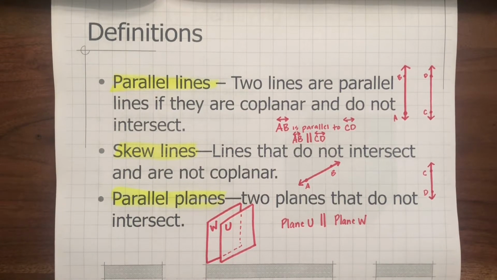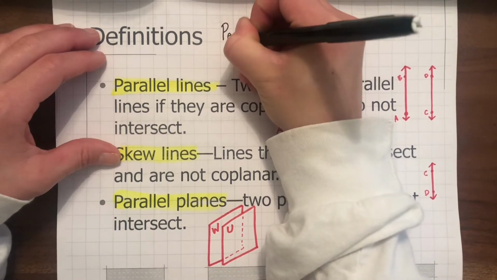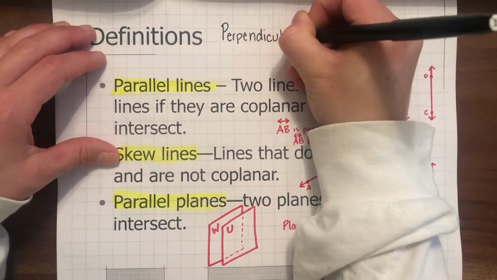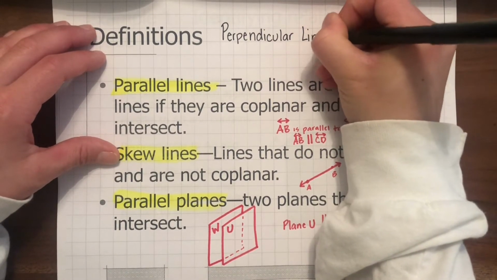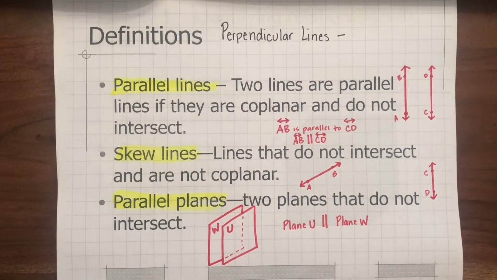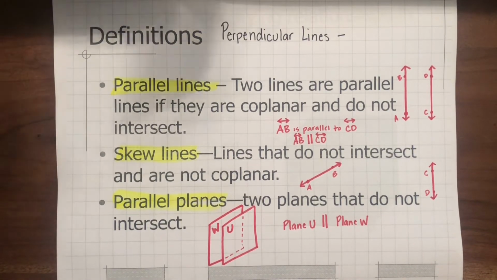And there's one more word I want us to discuss because we didn't really get a chance to do it earlier. And I'm going to write it at the top. And it is called perpendicular lines. Perpendicular. Now I'm going back to see which section we missed that in.